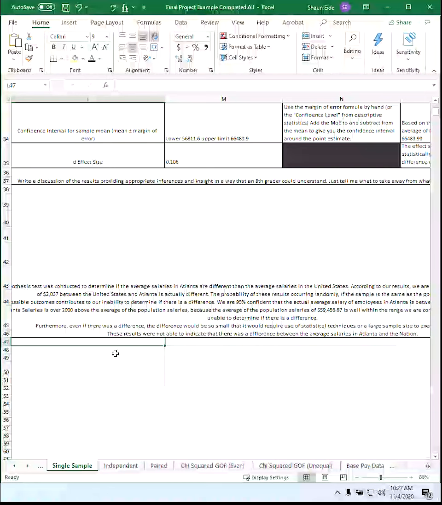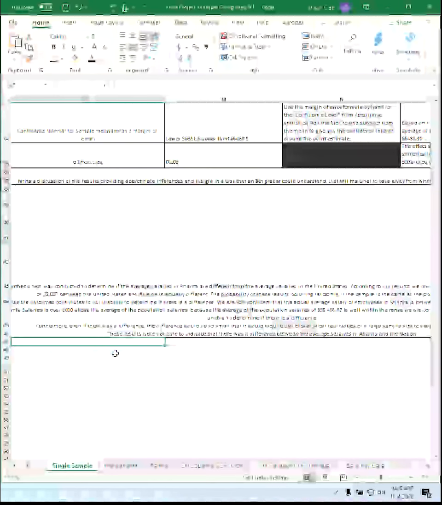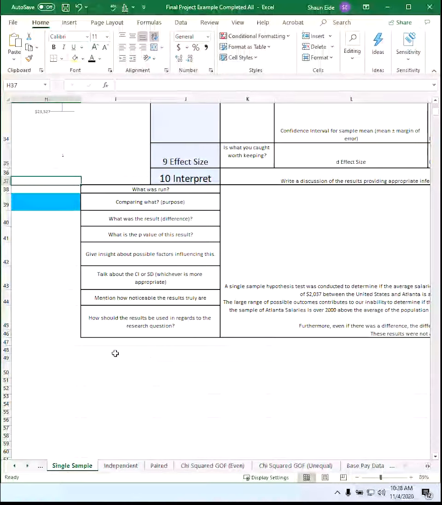But if that is the initial purpose of your test, then you can say our sample demonstrates that we are not able to update the population mean because it happens to be within that same confidence interval. It's not a statistically significant test. So they are still the same.